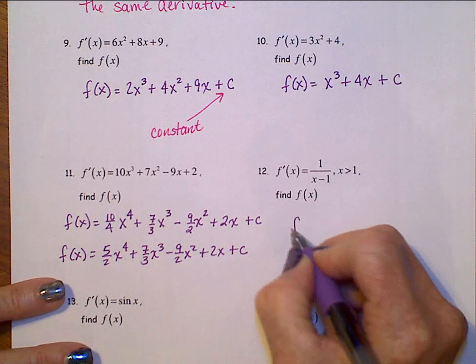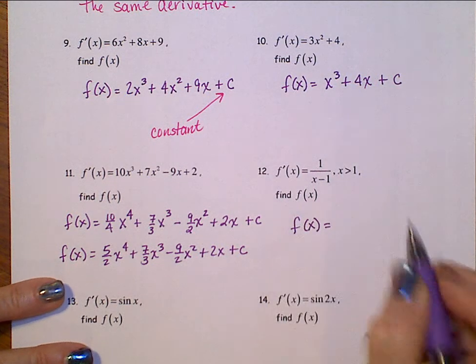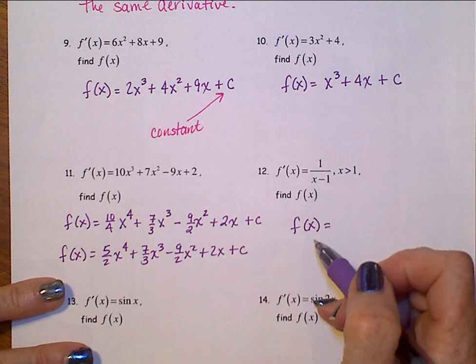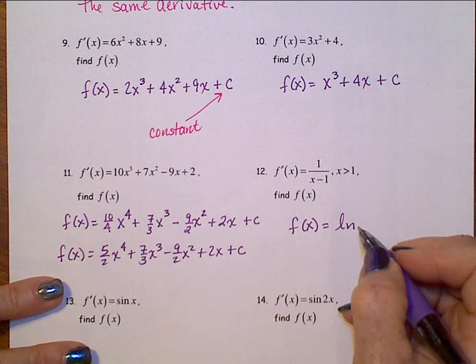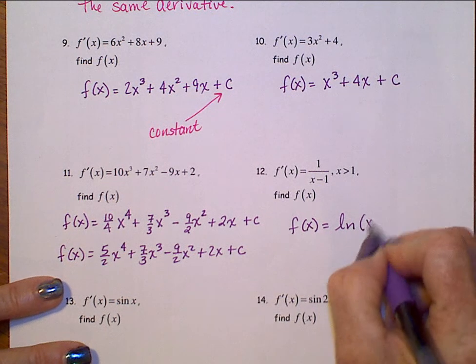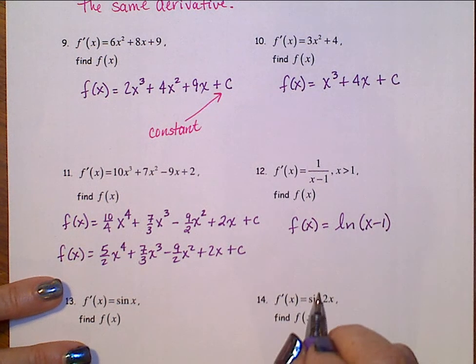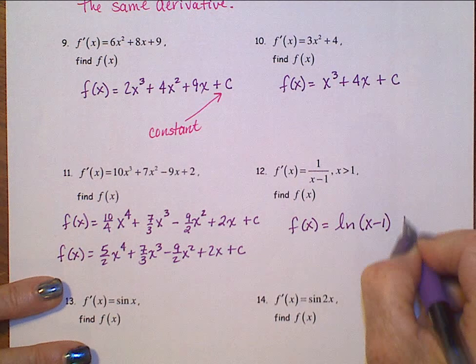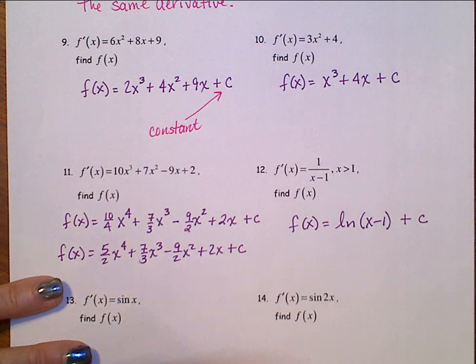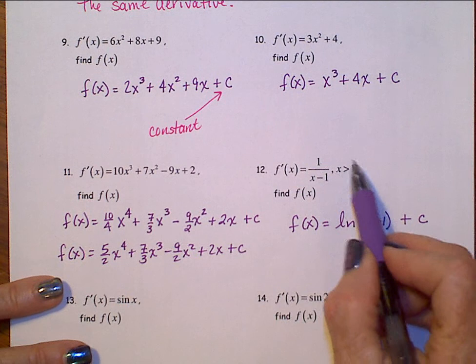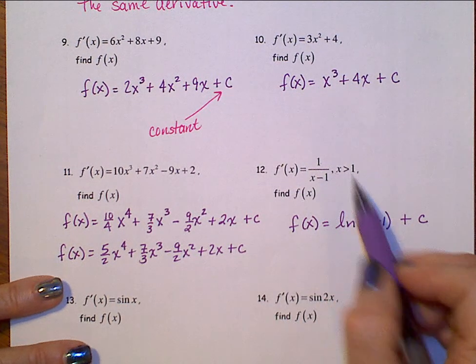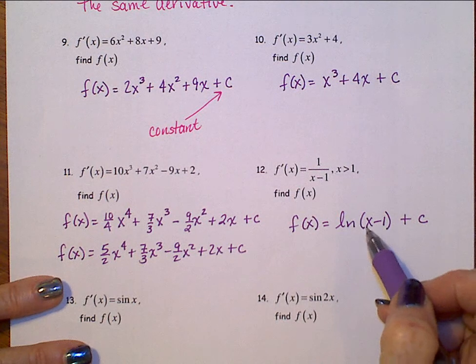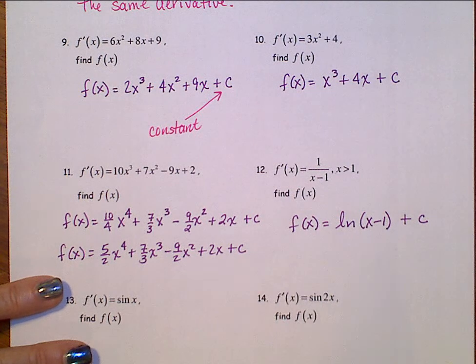Well, what kind of thing, when you take the derivative of it, would give you a 1 over situation? Yes, that's a natural log. Natural log of x minus 1 plus a c. And this piece right here, this x greater than 1 for the domain of the derivative, that just guarantees when you get that natural log in here, you are taking the natural log of a positive number.